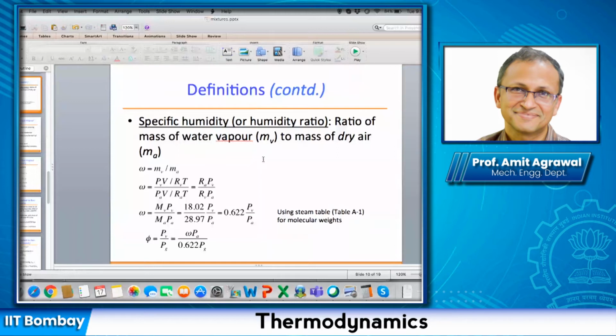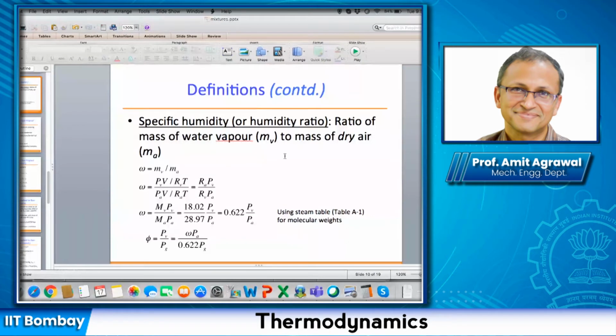You have to make that point very clear: it is grams of water vapor to kilograms of dry air. Sometimes it is written in that manner because if you write it in terms of kg per kg, it will be a very small number. So sometimes we tend to write it in terms of grams per kg.